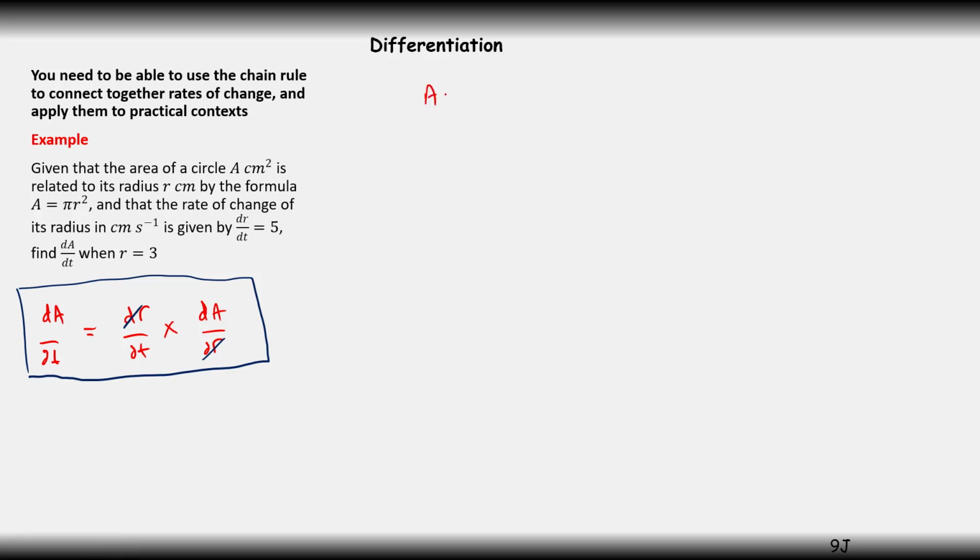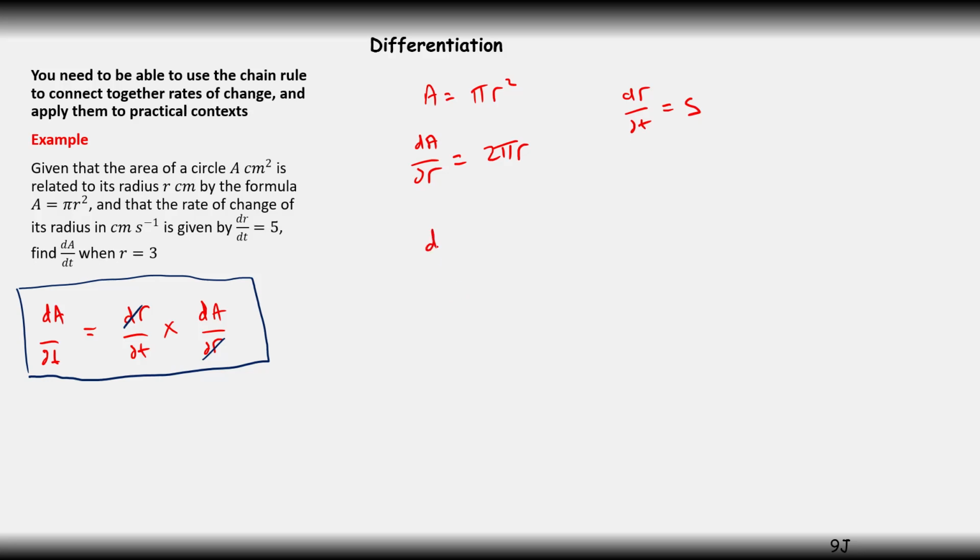So let's have a look at what we got. A is equal to pi r squared. That means that dA by dr is going to be equal to 2 pi r. Very interesting. Rate of change of the area with respect to the radius. I've also got dr by dt, which is equal to 5.